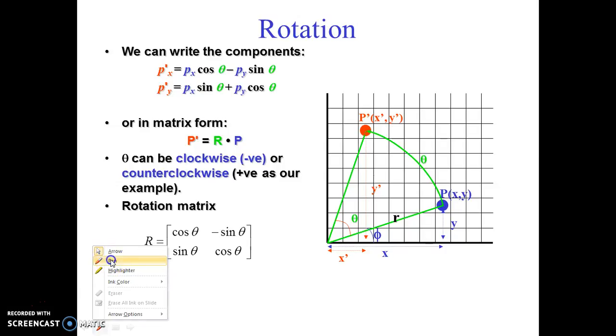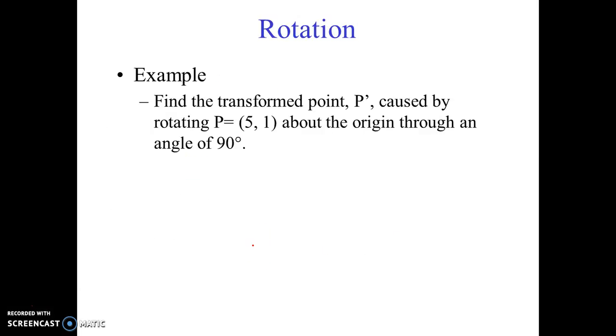Here all we need to do is multiply this with Px and Py to get our new coordinates P dash x and P dash y.